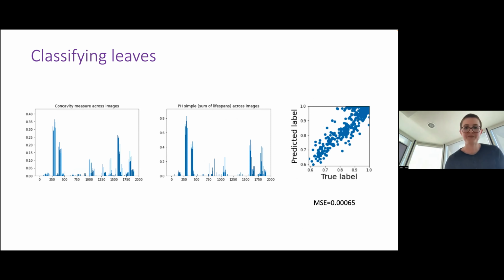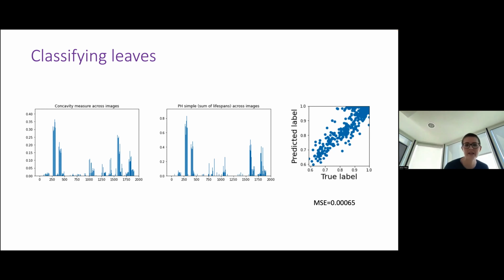Here we have the concavity measure across images. This is just 1 minus the convexity measure I showed first. And here you would have this sum of lifespans. You see there is a very good correlation between the two.